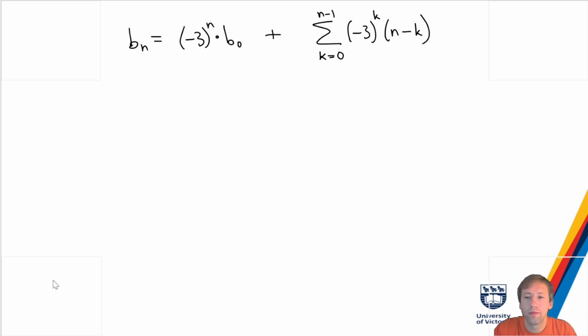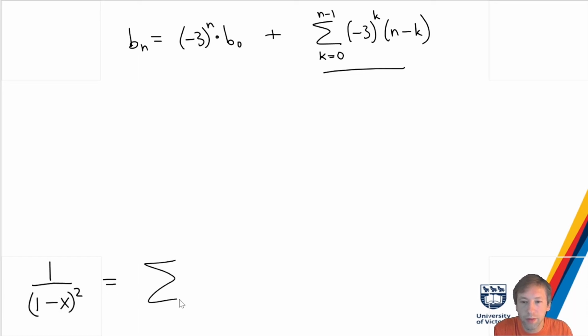Well, it might not look like anything familiar, but this is actually somewhat familiar to us. It's just a little bit in disguise. Remember that 1 over 1 minus x squared is equal to the sum n equals 0 to infinity of n plus 1 times x to the n.